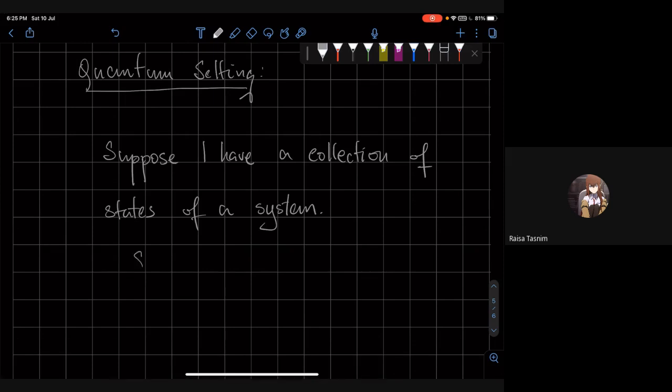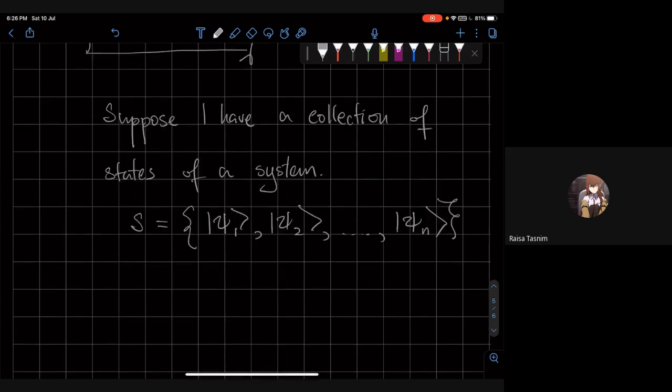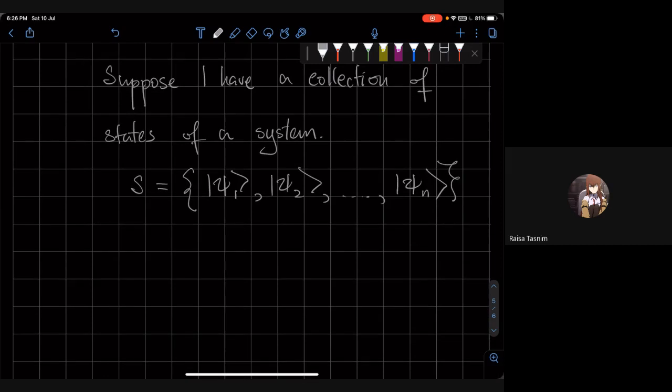So let's call this collection S. So S is not a set, it's a collection. We don't want to get bogged down by the mathematical niceties of what is a set. So it has some states, psi 1, psi 2, ..., say psi n.